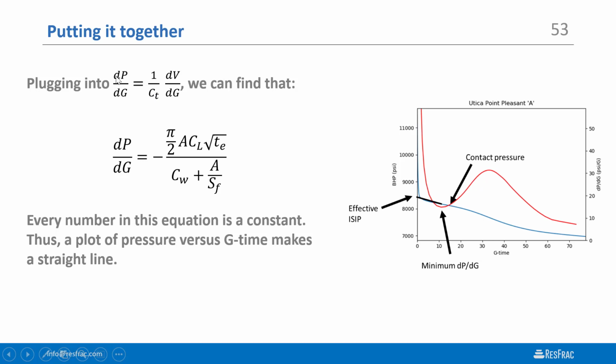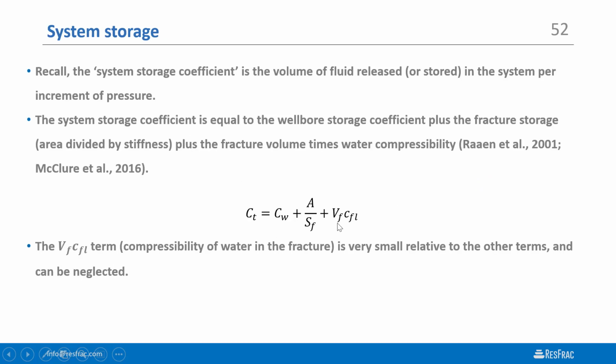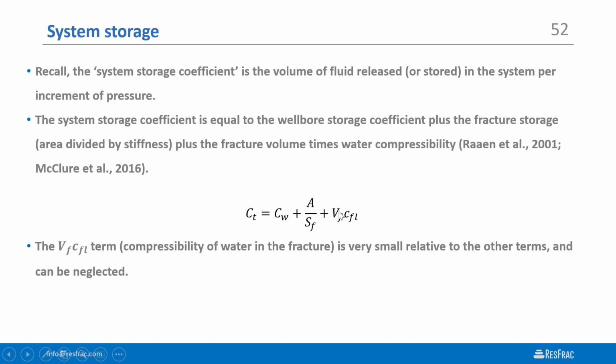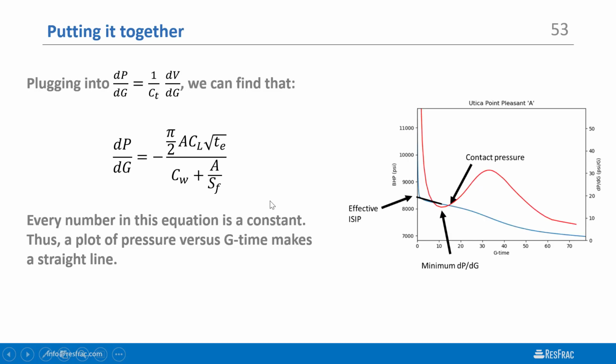When we plug those equations into this derivative, we get this equation now. The derivative is equal to this number right here. Note that I've dropped out the compressibility of the fluid in the fracture because it creates a nonlinearity and it's very small. We can neglect that very safely in almost any practical case, maybe not a mini frac test or a very small microfrac test.